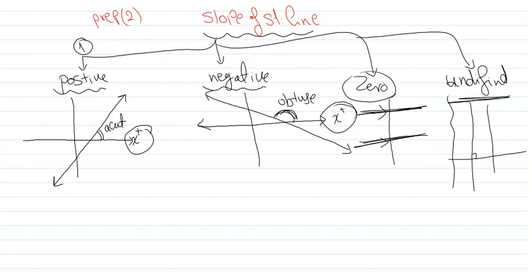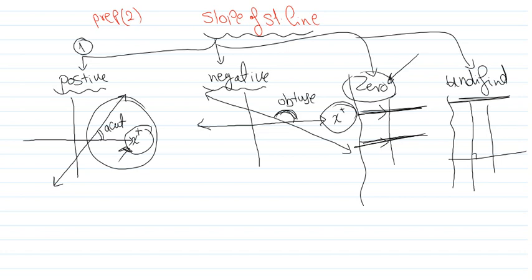Again, now we have four cases. The slope is positive when I have an acute angle with the positive part of the x-axis, negative when I have an obtuse angle with the positive part of the x-axis, and when the straight line is parallel to the x-axis the slope is zero.